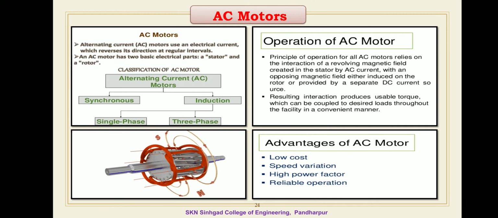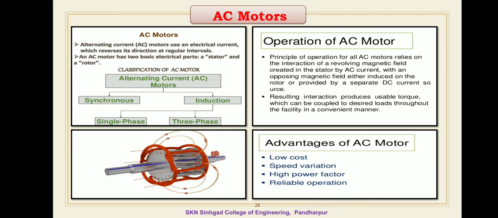An AC motor consists of two main parts, the rotor and the stator. The rotor acts as a rotating element and the stator acts as a stationary element that generates magnetic flux. In the working principle, when a current is supplied to the stator winding, it sets up a rotating magnetic field in the stator.